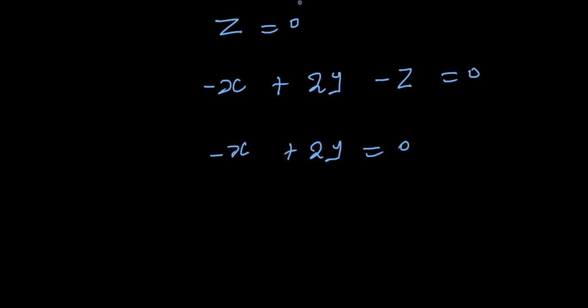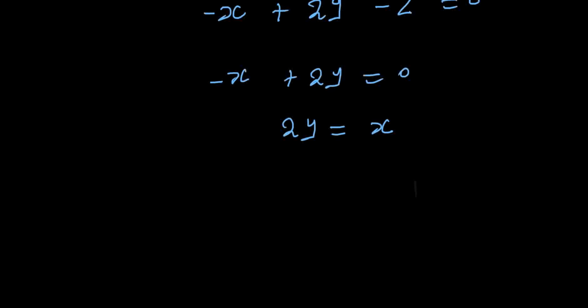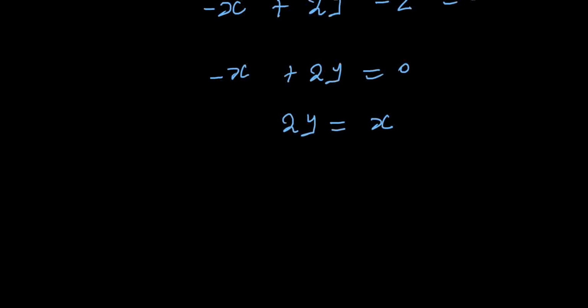If we add x to both sides, then 2y will be equal to x. So we have 2 as the coefficient of y, and that is the value of x. So x will be equal to 2. And we have 1 as the coefficient of x, and that is the value of y. So y is equal to 1.